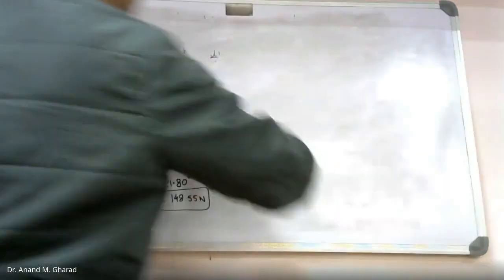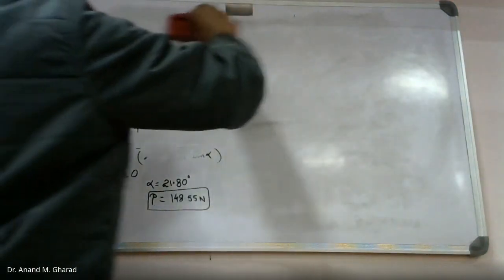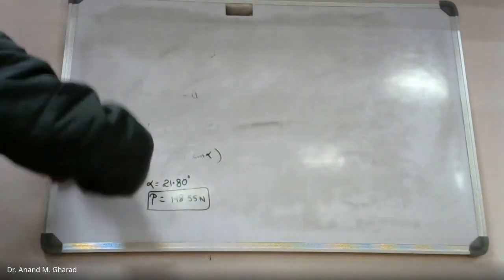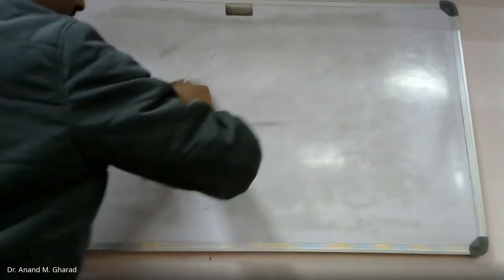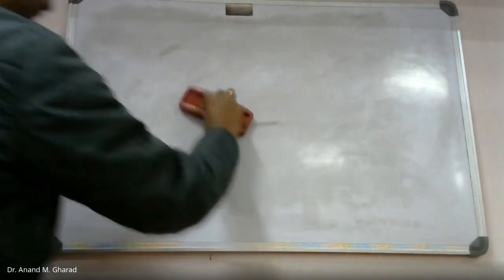Right. Next example. Here, what is given? There is a block of 500 Newton, and that block is resting on an inclined surface. That inclination is given as 45 degree. Coefficient of static friction is given as 0.25.